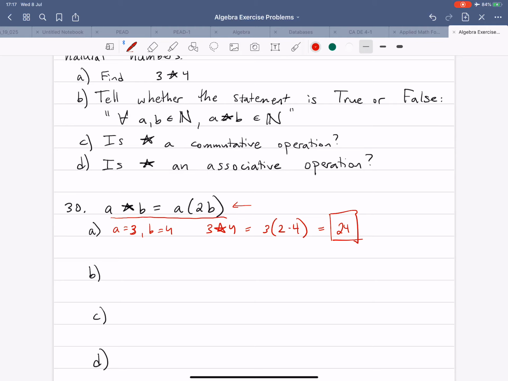And then tell whether the statement is true or false. For all A and B in the set of natural numbers, A star B is a natural number. So, is there any combination of two natural numbers that we could plug in to A star B equals A times 2B where we don't wind up with a natural number?